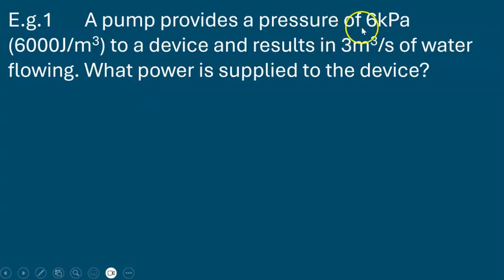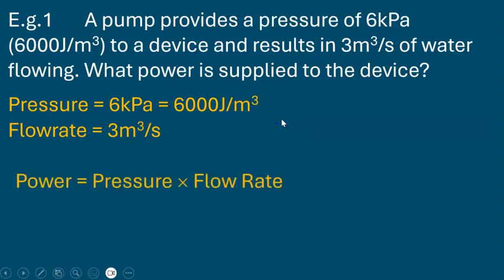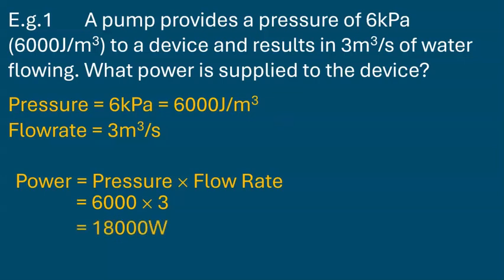Just that recollection, that a pascal can be expressed as a joule per meter cubed. So the pressure is 6K, so 6,000. Flow rate is 3, and all those units align with each other. They're all correct units. So power is simply the pressure times the flow rate. Multiply those two together, giving us 18,000 watts, so 18 kilowatts.